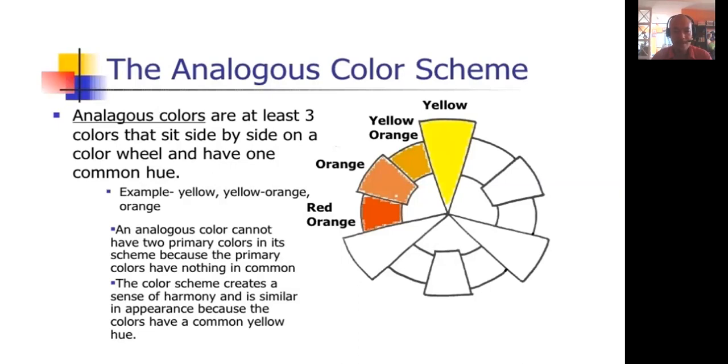An analogous color scheme cannot have 2 primary colors in it because the primary colors have nothing in common. So the color scheme creates a sense of harmony, and it's similar in appearance because the colors have a common yellow hue. So they are somehow related to each other.